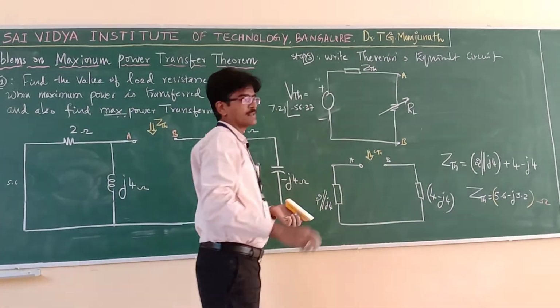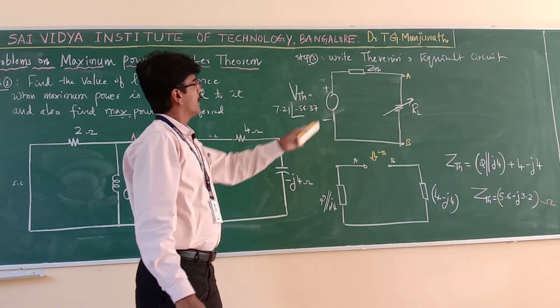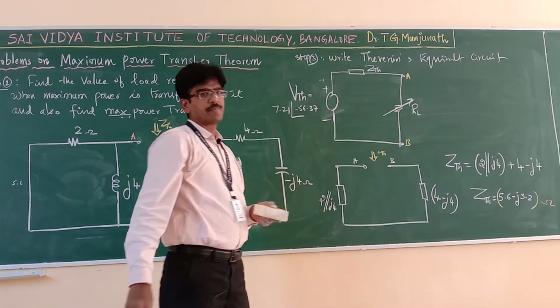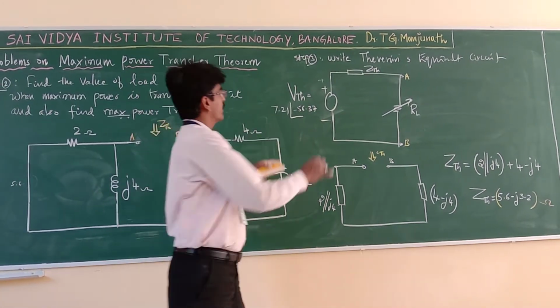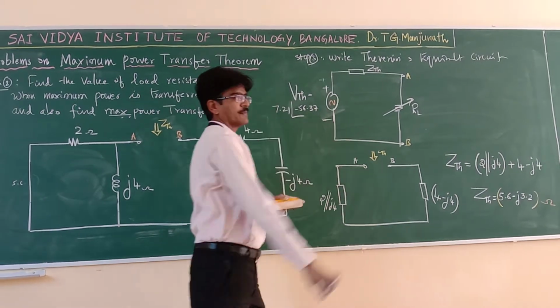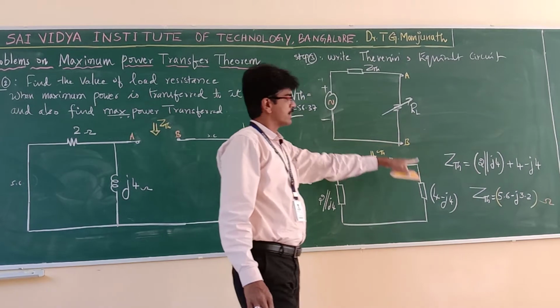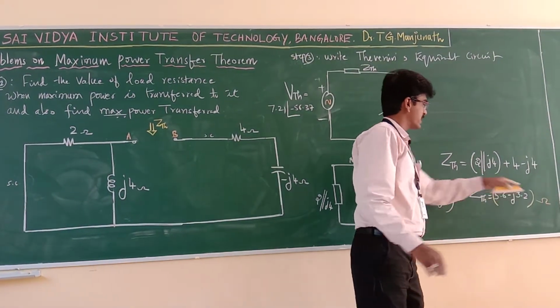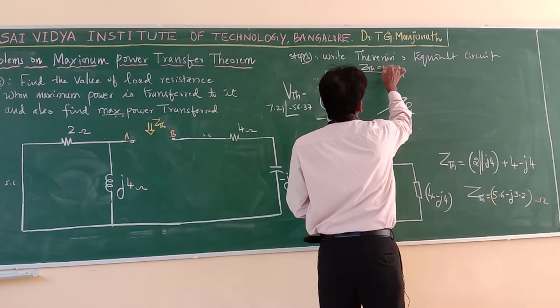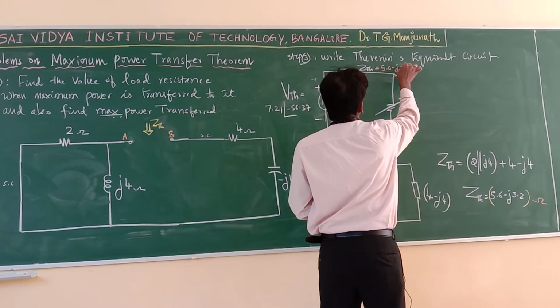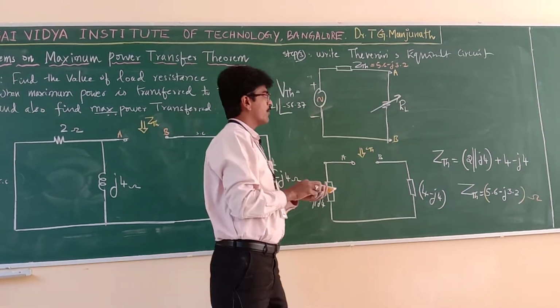Now you have to observe this circuit. What type of source is it? It is an AC source. What type of source impedance? It is complex, because you are getting 5.6 minus J3.2. And what is the load?